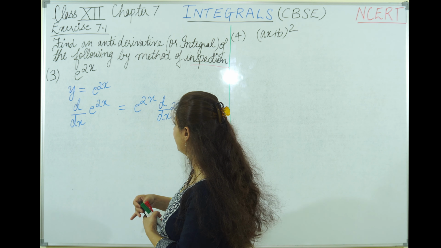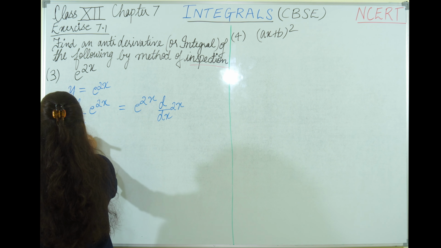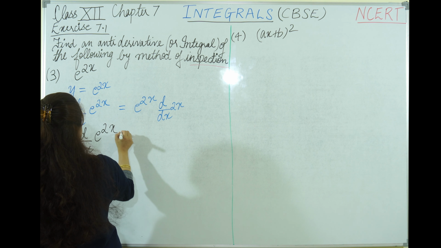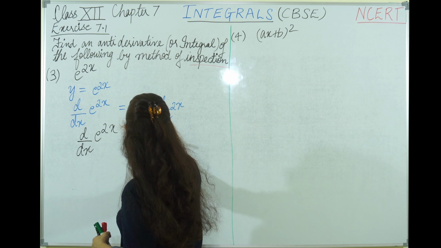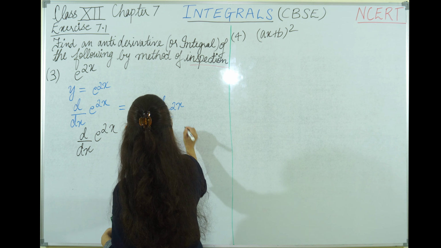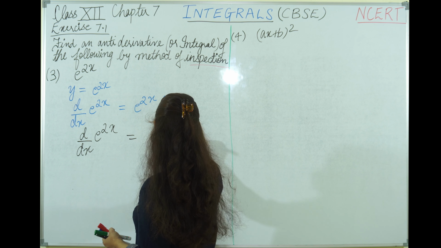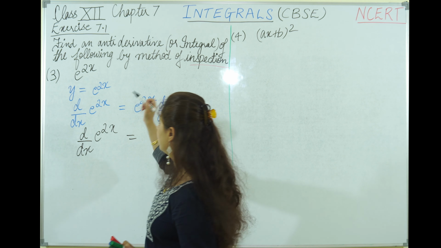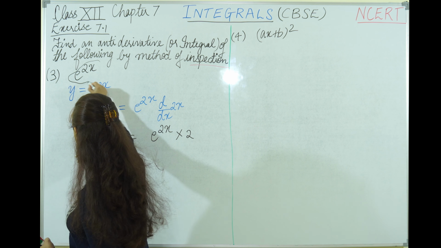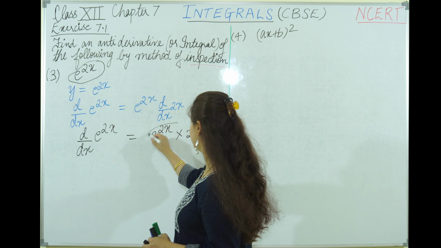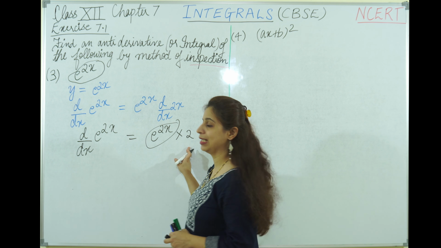So I'll be getting d over dx of e to the power 2x equal to e to the power 2x, and the derivative of 2x is 2, so into 2. But since the antiderivative has to be found only for e to the power 2x, here 2 is in multiplication.